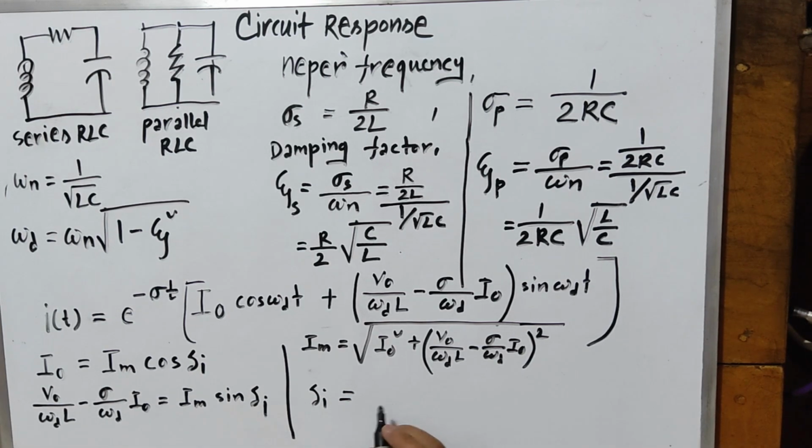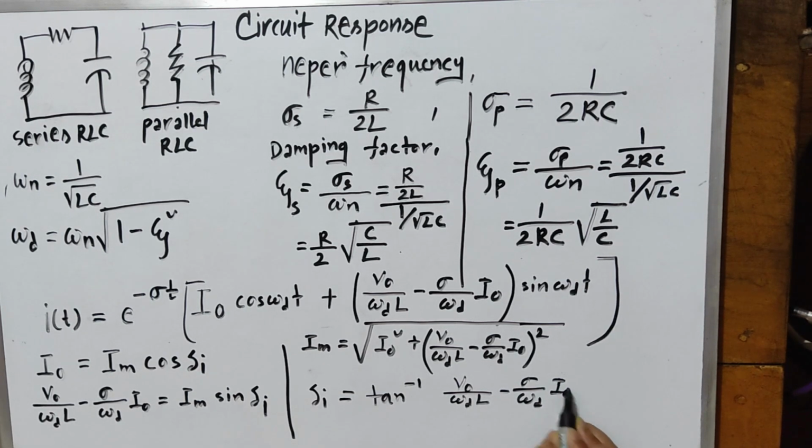So the phase of this response is tan inverse of Vo by omega dl minus sigma by omega d Io, by Io.